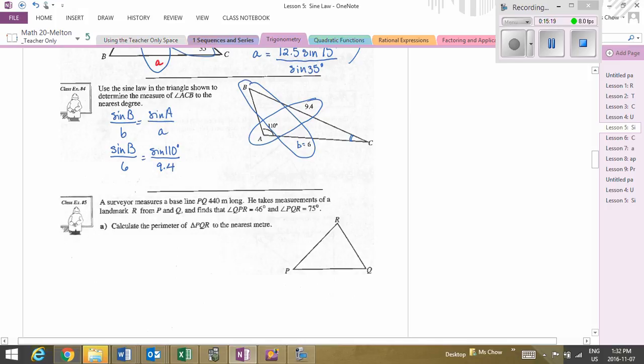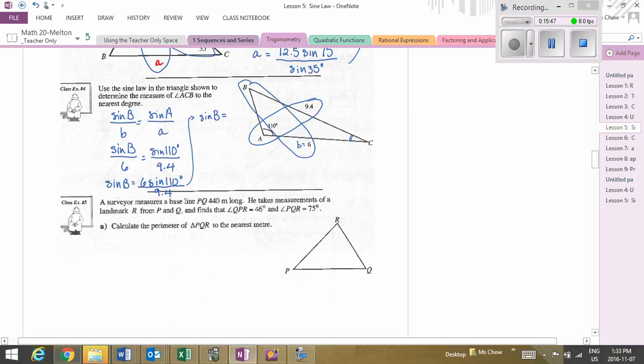We'll multiply both sides by 6, so then sine of B is equal to 6 sine of 110 degrees divided by 9.4. Then we're going to take the inverse sine. If you want to, you can enter 6 sine 110 degrees divided by 9.4, and what we should end up with is an approximation.